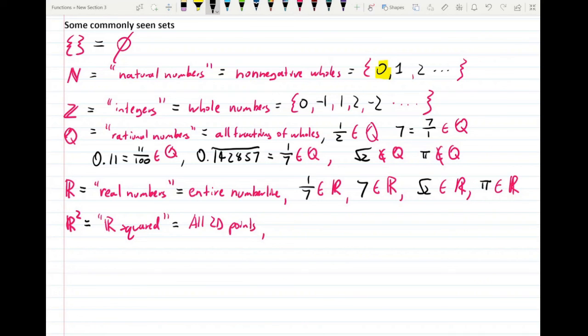So things like 1, 2, these are in R squared. 5, pi over 7, that's in R squared. But notably, a number like 5 is not in R squared, because 5 is not a point, and R squared contains all points in 2D space.